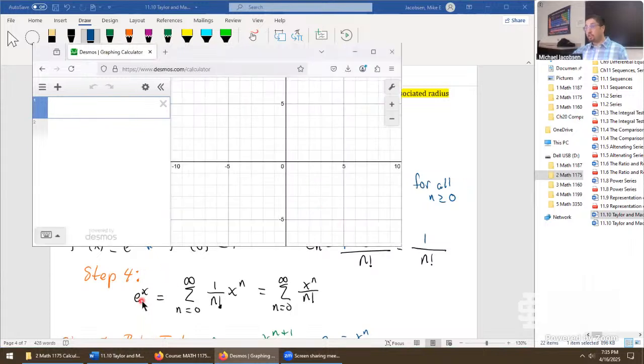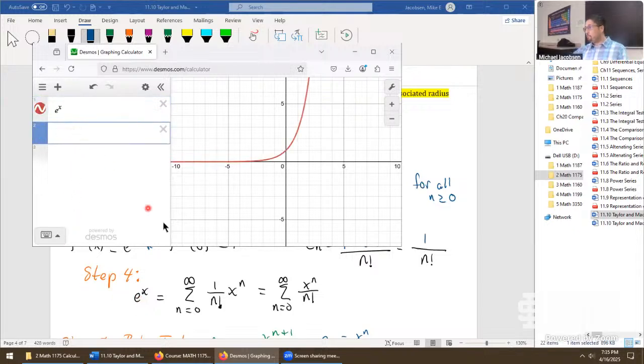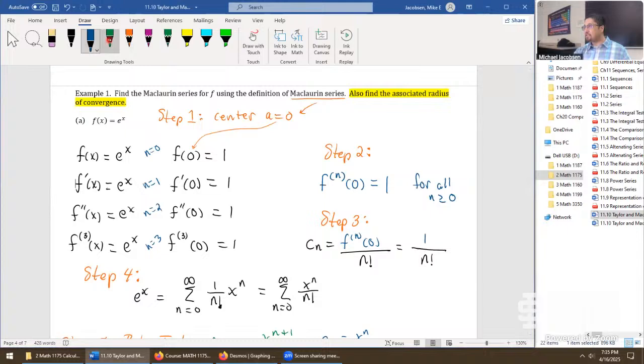Here's the function on the left-hand side, e to the x. Our standard exponential function, but now it's being represented this way, x to the power of n over n factorial. These things are really abstract just to look at. So if we're going to put that in a calculator, you might want to go through the mental exercise of just expanding it. When n is 0, we're going to get just a 1.